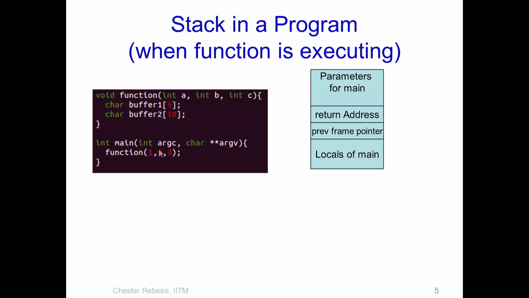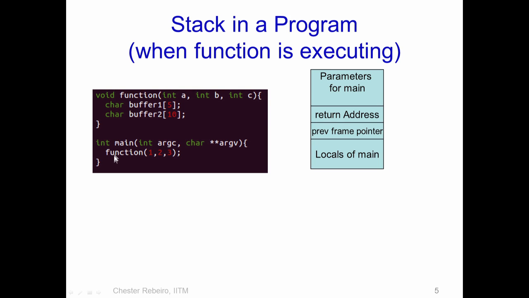The stack in particular is used for passing parameters from one function to another, and it is also used to store local variables. Let us see how the stack is used in this particular example. Let us say that this is the stack, and this stack corresponds to when the main function is executing.